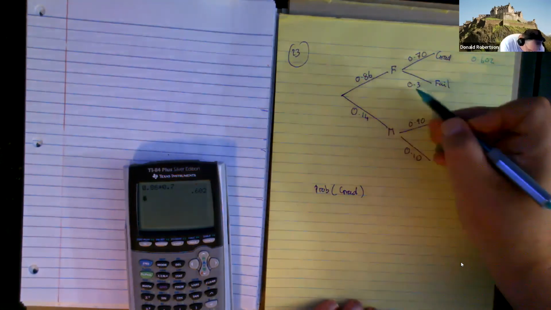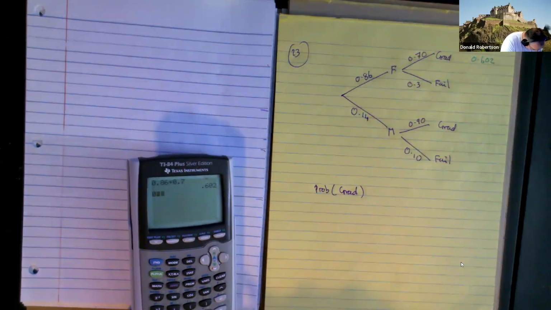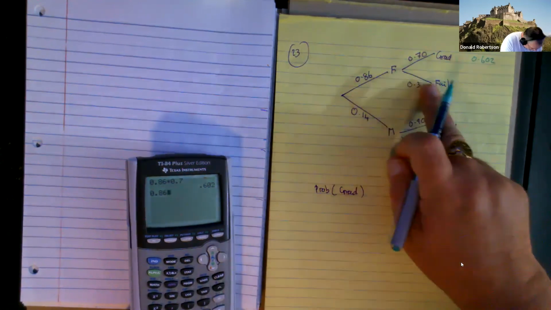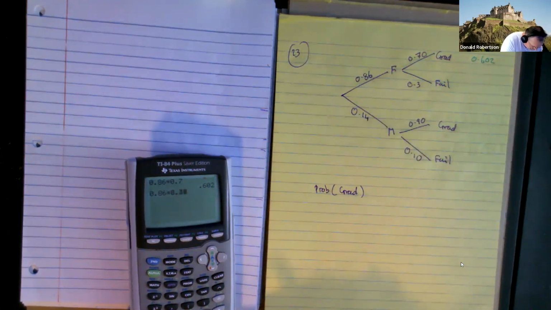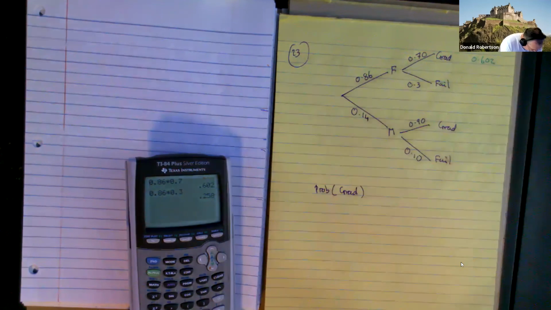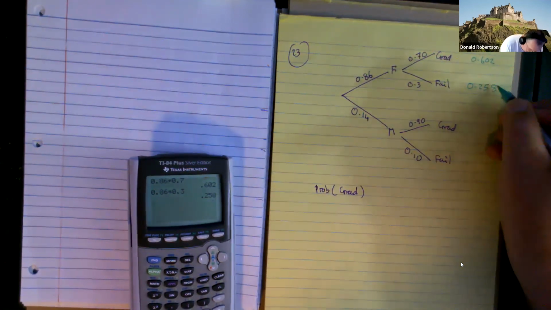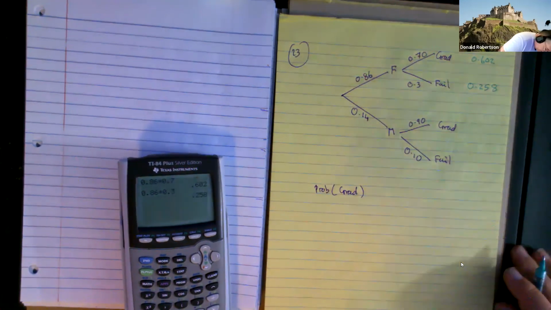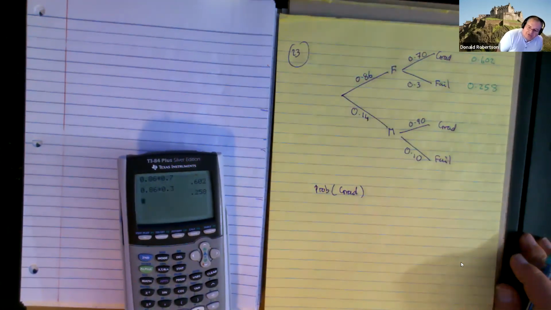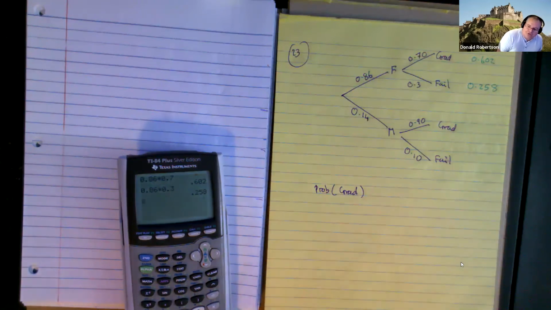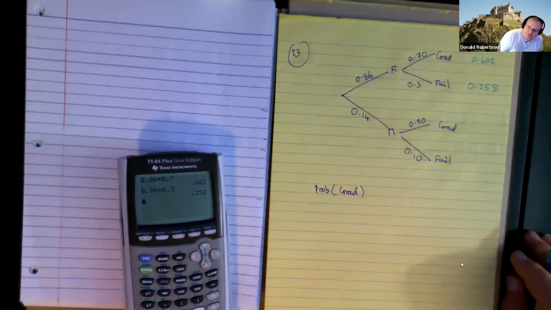Now, if you go the other one, it's 0.86 times 0.3, because one thing followed by the other you typically multiply, and that comes out as 0.258. So what's that? 25.8% of students who went to that college are females who failed to graduate.